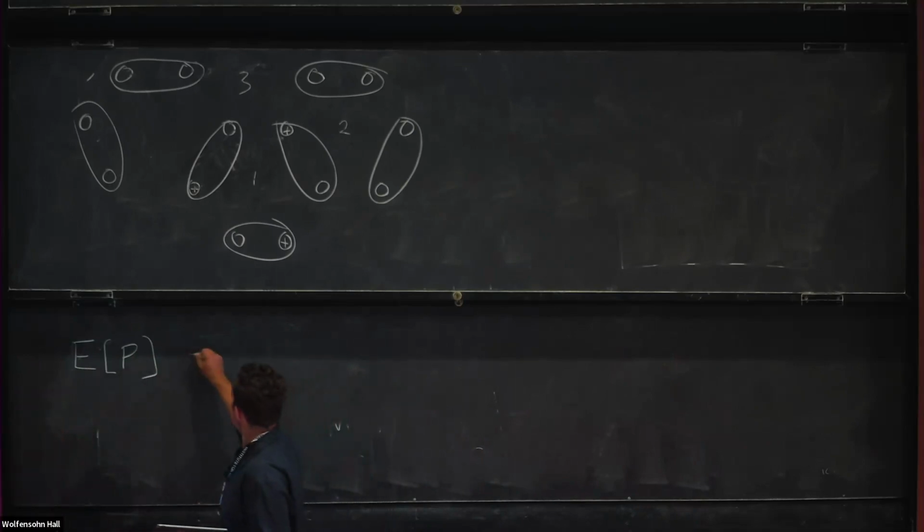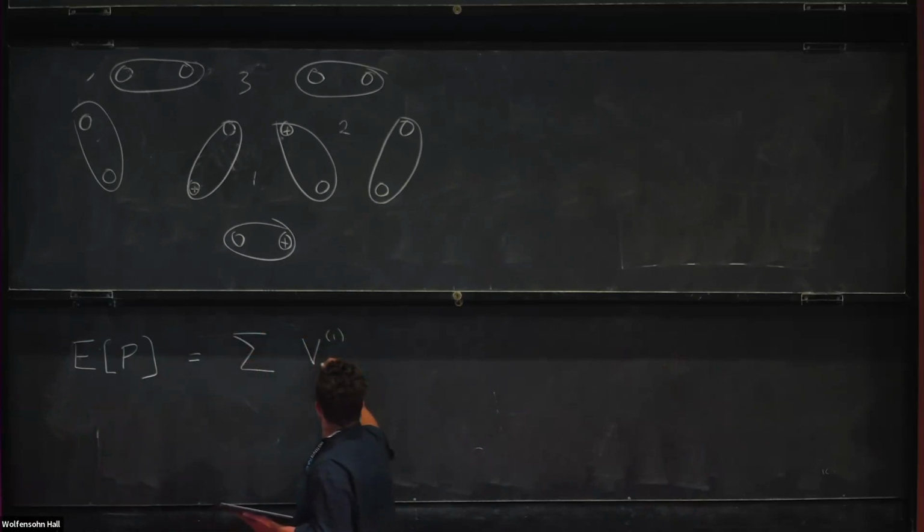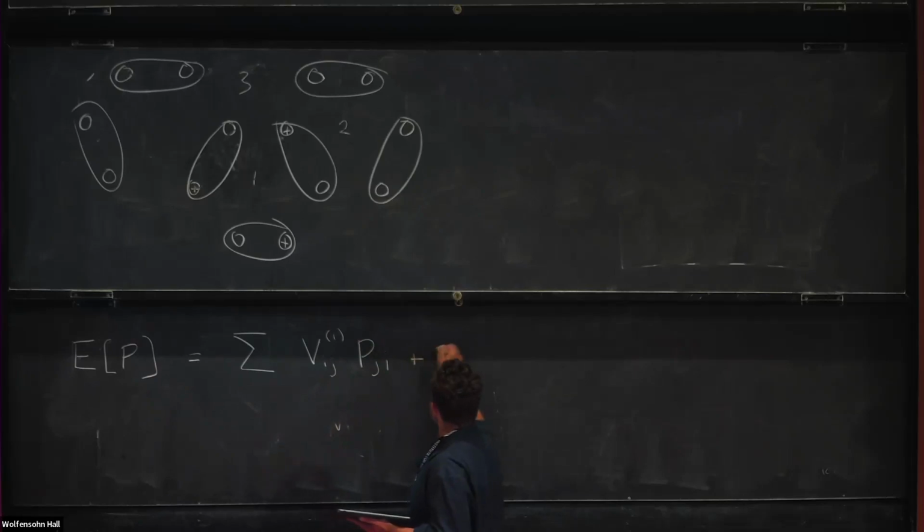And so what we're going to get is first the one-body part, h_ij P_ji, coming from the expectation values of psi dagger psi. And then we get the two-body part.